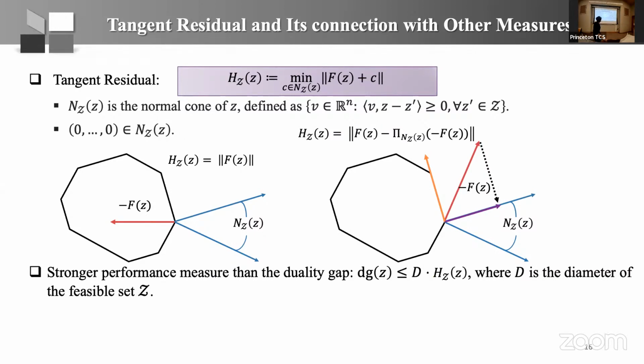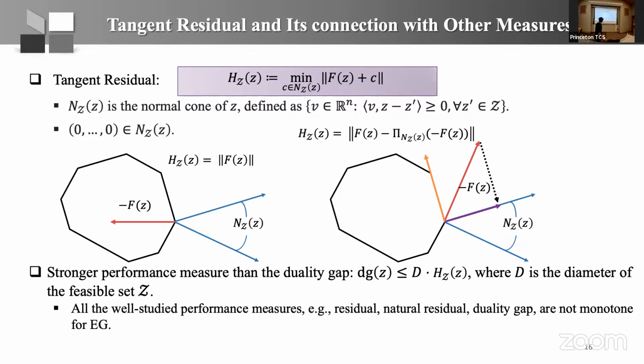So I should say this is a stronger notion, stronger than the duality gap. So if you know this is small, you can prove the duality gap is also small. You only need to scale by the diameter. Also, you might be wondering why I need to come up with this kind of different measure of performance or different potential function. Why can't I just use the duality gap to measure progress?